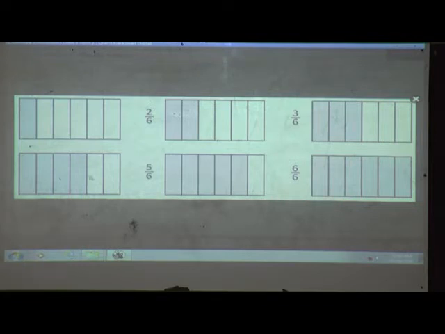Now in this fourth figure this whole is divided into 6 equal parts, and out of 6, 4 are shaded. So what is the fraction of this part? 4 by 6. Here 5 by 6 and this is 6 by 6.